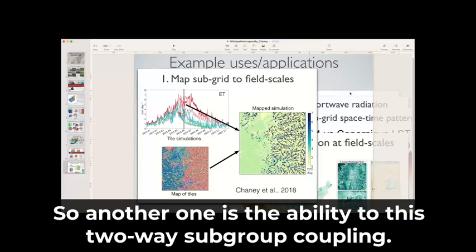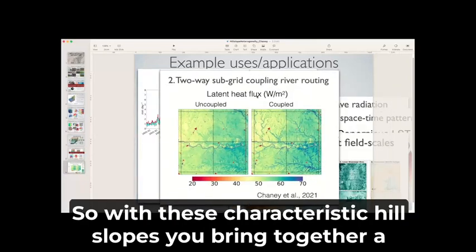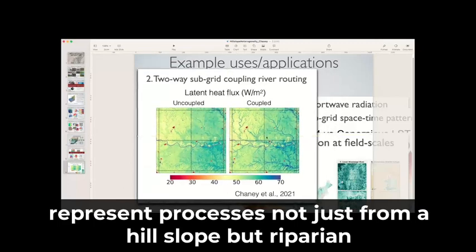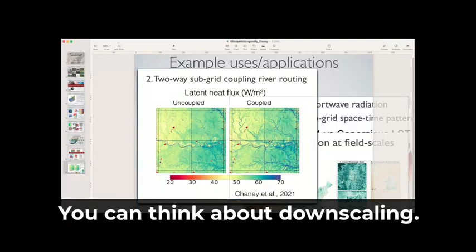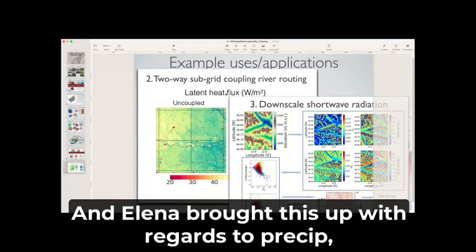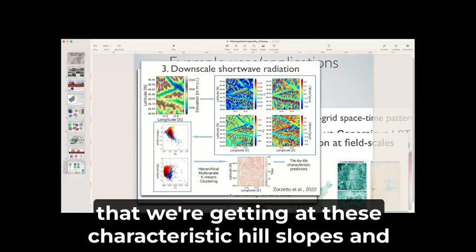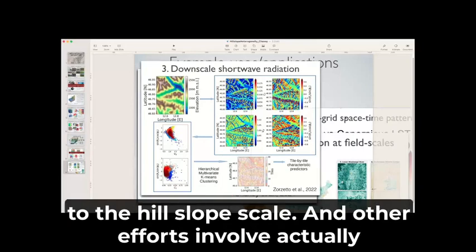Another one is the ability to do this two-way subgrid coupling. With these characteristic hill slopes, you bring together a subgrid river routing scheme, and that allows you to represent processes not just from a hill slope and riparian zone, but also redistribution via vector river networks. You can think about downscaling, and Elena brought this up with regards to precip, but effectively being able to take this aspect information that we're getting in these characteristic hill slopes and bring your mean shortwave radiation down to the hill slope scale.